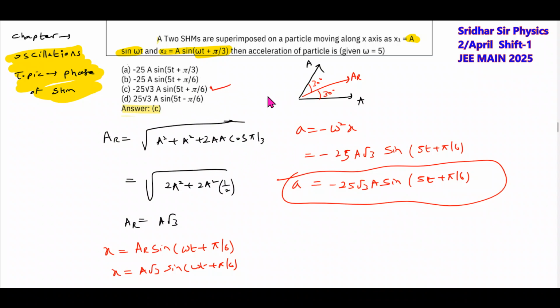This will be your option. It's asking about the superposition of SHM, phase of SHM, or you can take the subtopic superposition of SHM.